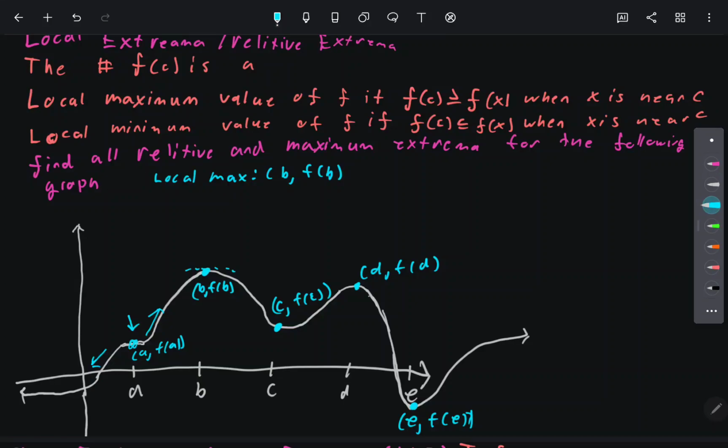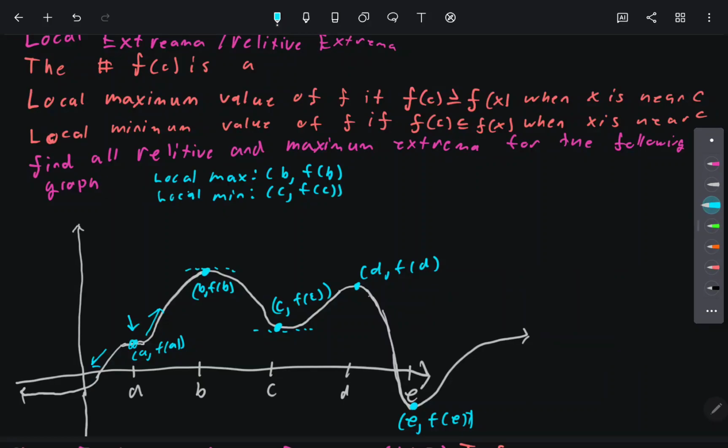And I suppose we want to find all relative maximum and minimum extrema for the following graph. So we'll do the absolute in a moment. Now coming over here to c, looking at x values close to c, we can see that c is clearly the lowest point. So it will be a local min at c, f of c.